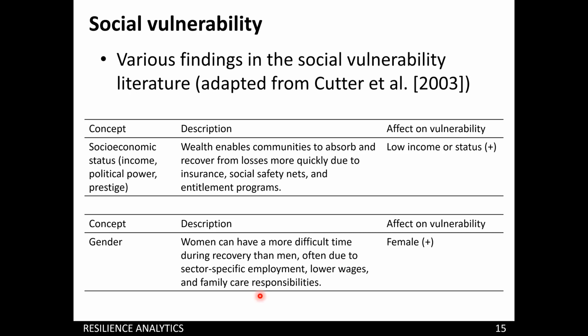Also, historically speaking, they would have family care responsibilities that might make things difficult for being able to respond to a disruption. In any case, Cutter's group found that being female increased social vulnerability. And I don't mean here to put some sort of binary response on gender, but this is her research outcome, which used two genders, so I'm going to stick with that.